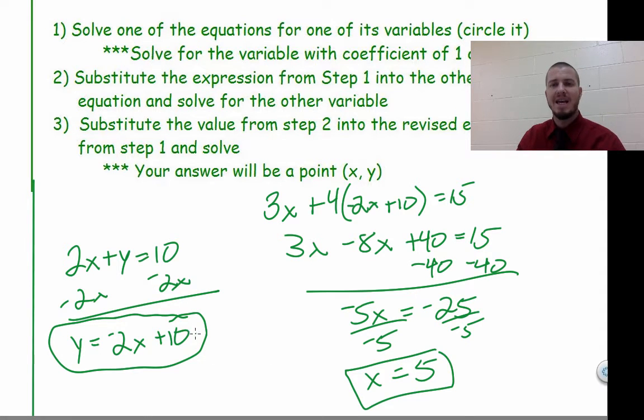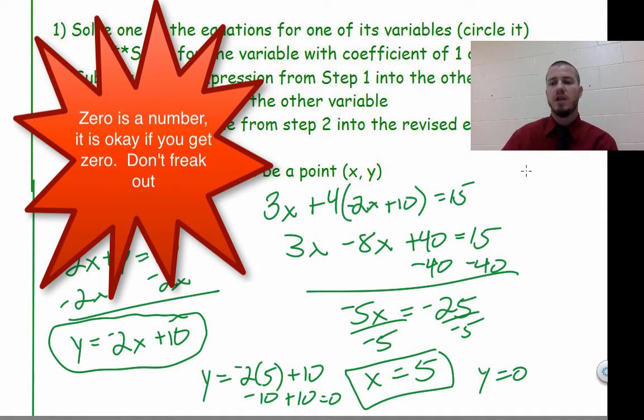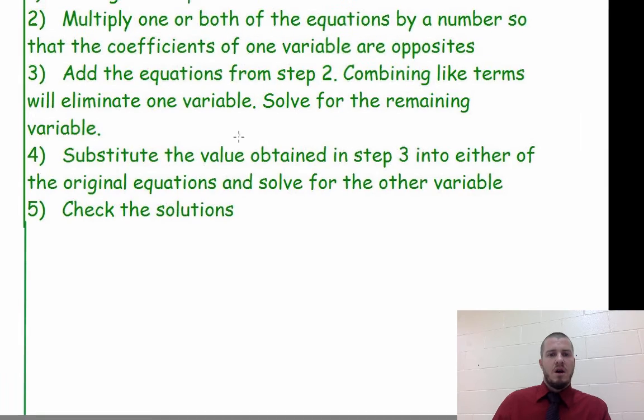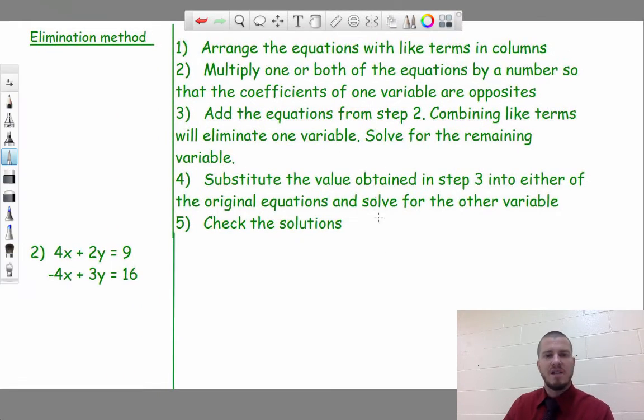I'm going to plug it back in to this circled equation, and so I have y is equal to negative 2 times 5 plus 10. Negative 10 plus 10 is equal to 0. So y is equal to 0. So my solution is 5, 0. Okay, sorry about that last one. I had to kind of squeeze some stuff in there.